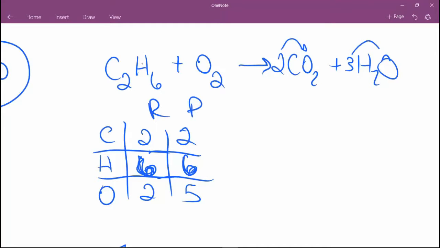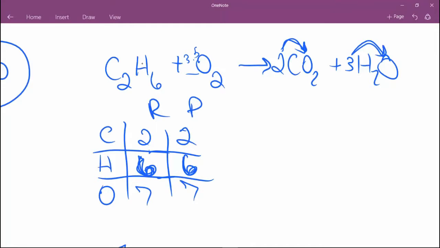But that changes my number of oxygens once again. 2 times 2 is 4, plus 3 is 7. So I have 7 oxygens. Once again, I have an odd number of oxygens. So to find the number that will balance those oxygens, I simply divide 7 by 2 for the other side right here. And that will give me 3.5.